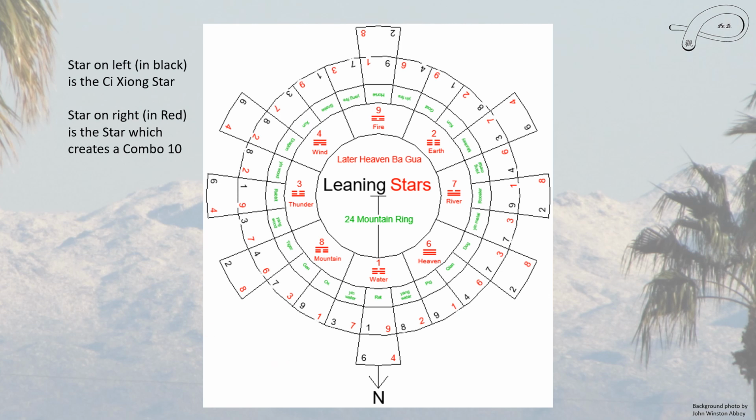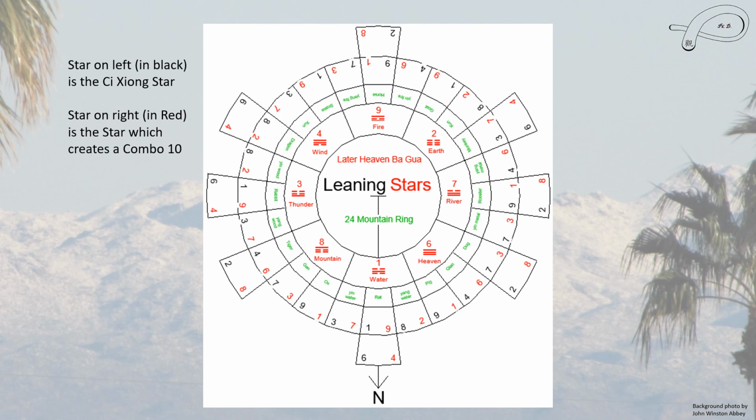The key is we need to understand what is indirect and direct spirit for every given period. And in this system, every period you flip the direct and indirect spirit. In the flying stars, you have a 90-year period of one set and a 90-year period of the other set.